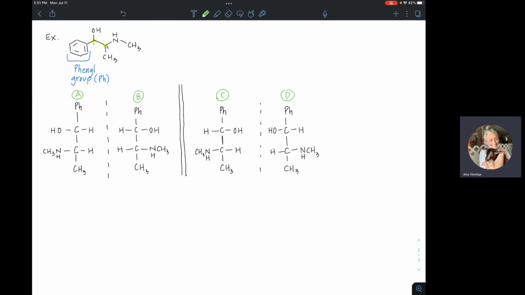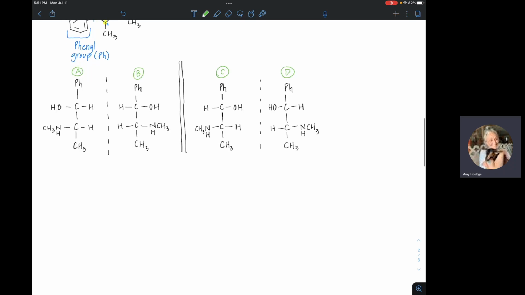All 4 of these are valid stereoisomers, but they are not all enantiomers of each other. So when I say A and C are not non-superimposable mirror images, they're not enantiomers. A and C, looking in the mirror, you don't see the same thing, do you? So these are not non-superimposable images. A and D, same thing. I don't have non-superimposable images there, but yet at the same time, they are all stereoisomers.